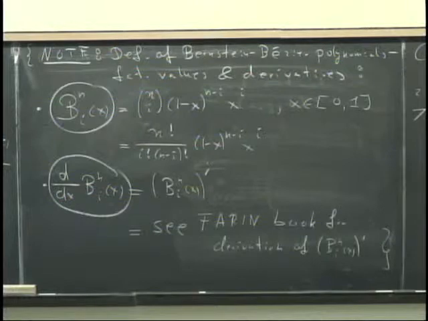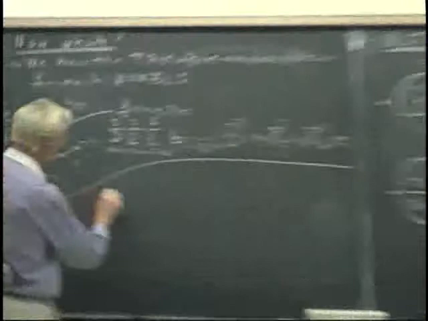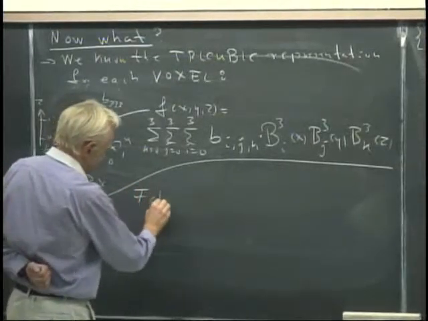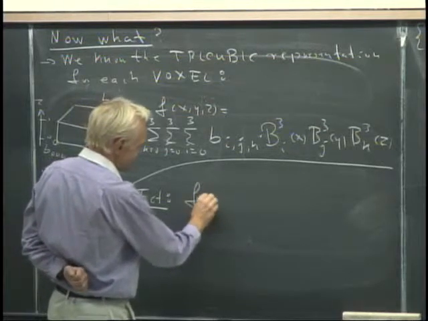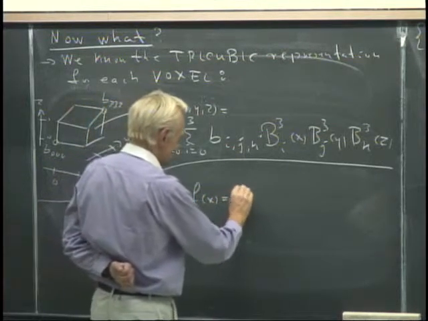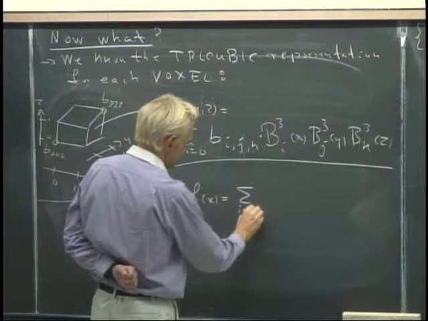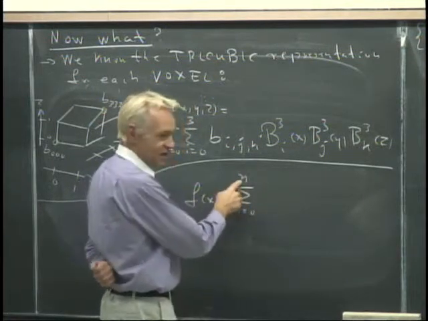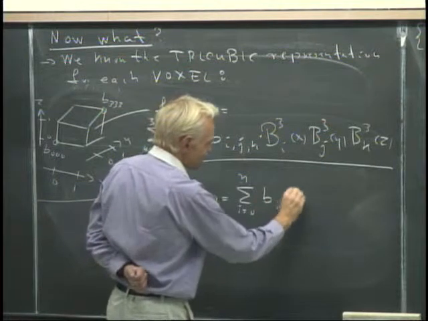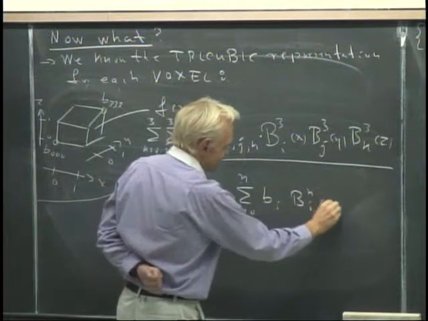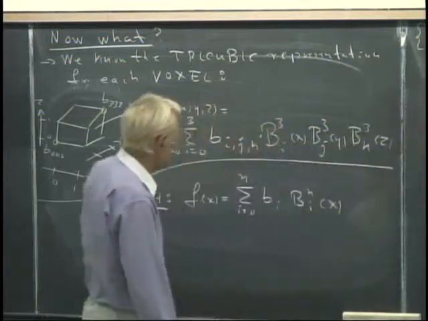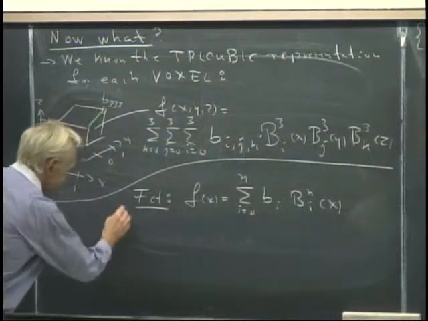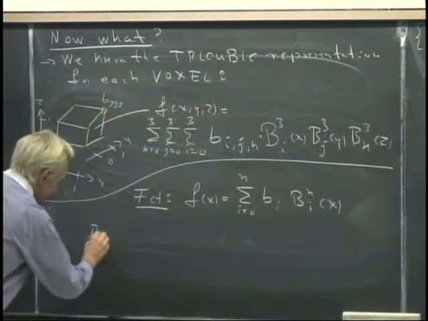Now we have a function. In the 1D case, we have a function f of x, which is the sum i from 0 to n, for an arbitrary n, of coefficients b_i times b_i^n of x. The b_i^n of x are defined like that. And what do we need to know? The derivative of this function.